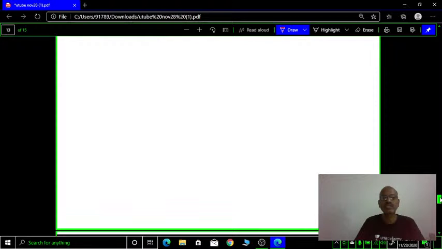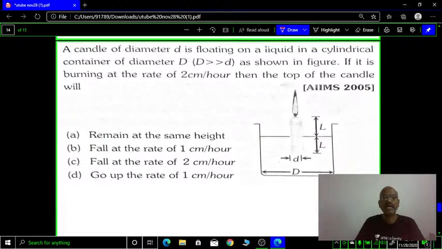And the last question: a candle of diameter d is floating on a liquid in a cylindrical container.